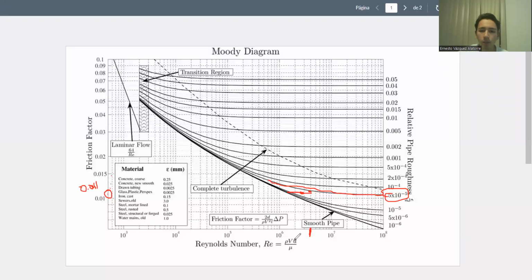Now, as we increase the velocity in the pipe, we also make it more turbulent, and we can get to the completely turbulent region.